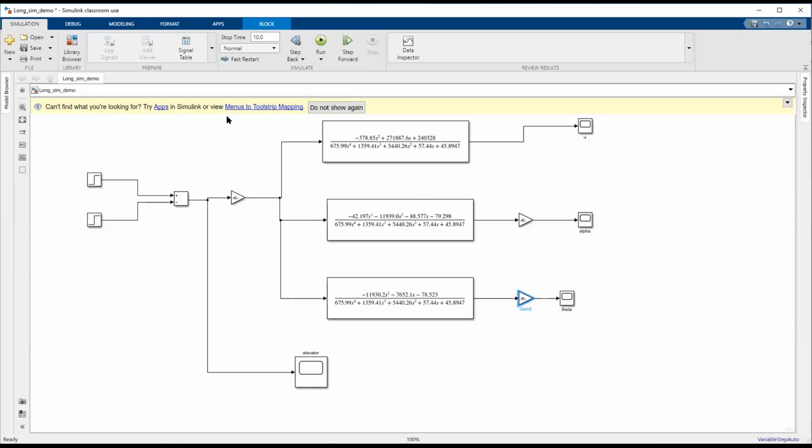And if I've done everything right, I can go up here and click the run button. And it will run this forward in time for 10 seconds. That's the number up here. And I want to increase that to 50 seconds.